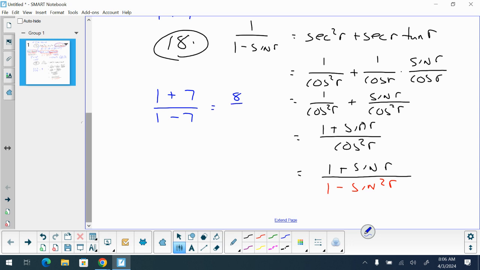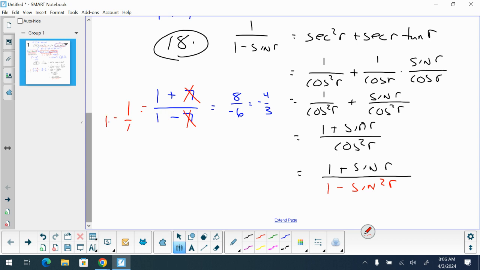If we have 1 plus 7 over 1 minus 7, that gives me 8 on top and negative 6 on the bottom, which reduces to negative 4 over 3. Mathematically, since I have addition in here, am I allowed to just cancel out my 7s, leaving us with just 1 over 1, which is 1?